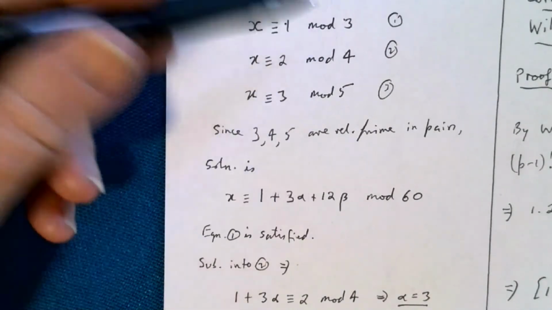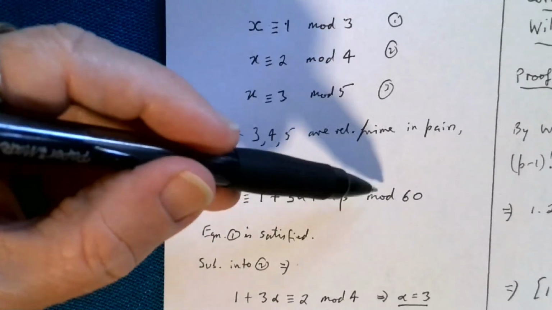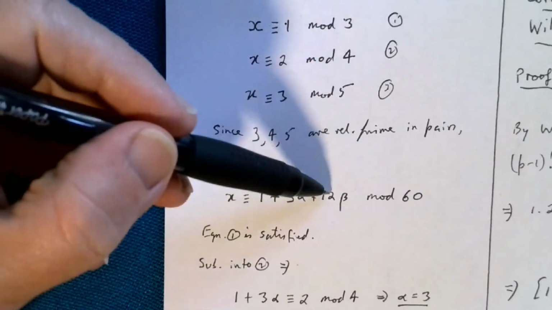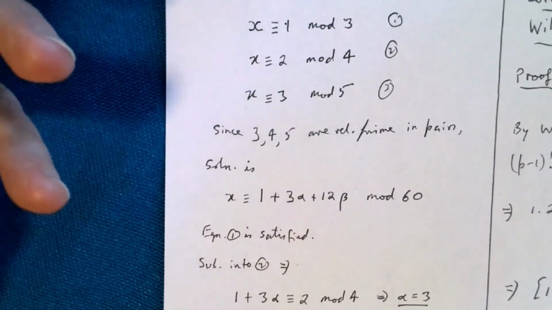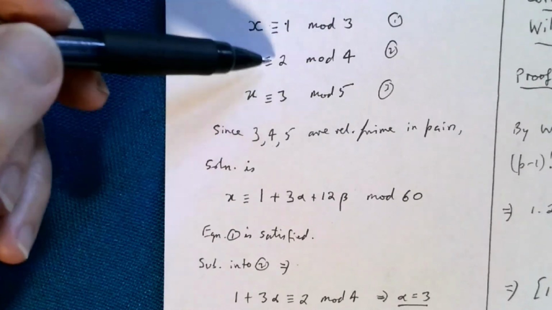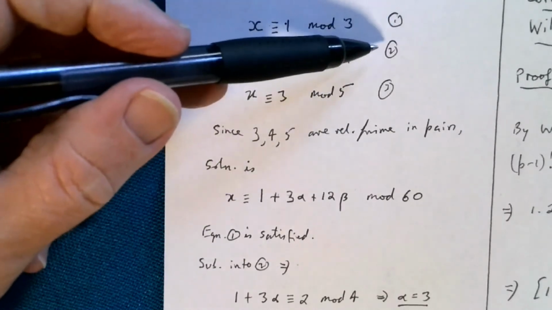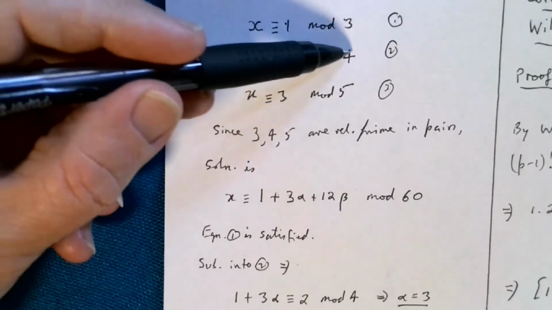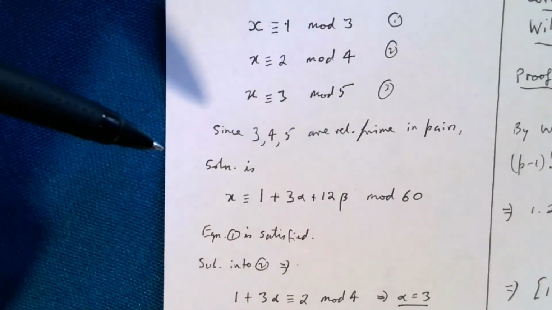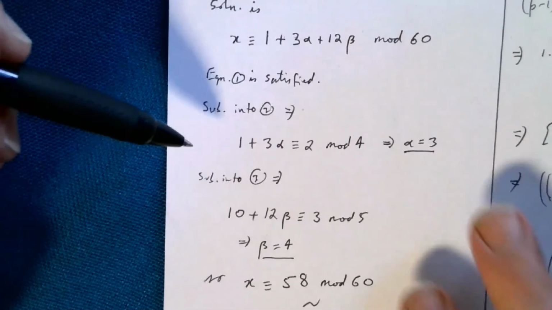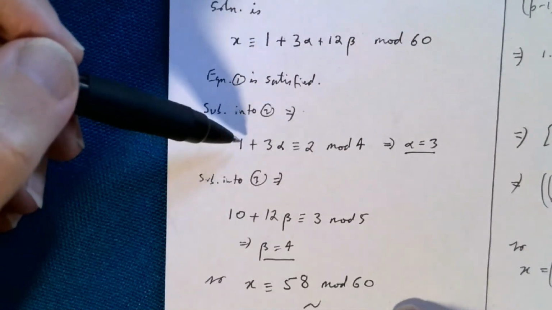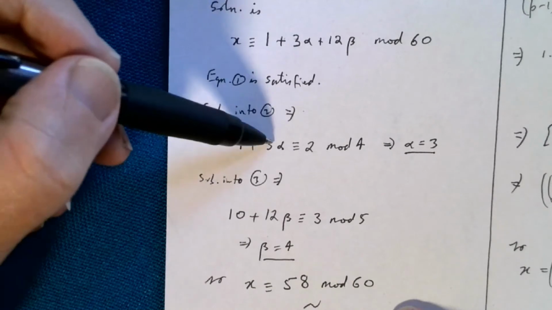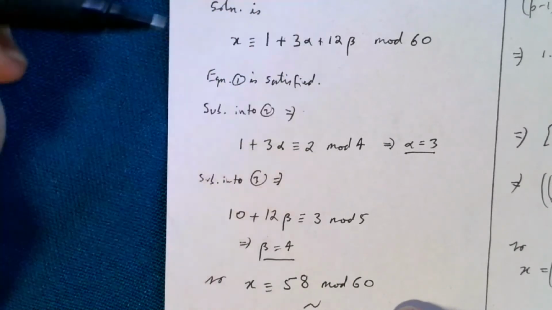Equation 1 is automatically satisfied, because if I read this modulo 3, then that disappears, and x is congruent to 1 mod 3. I plug it into equation 2, and the way I've constructed this is that when I read this modulo 4, that term disappears. And so when I read it modulo 4, I just plug it straight into equation 2. I get 1 plus 3 alpha is congruent to 2 mod 4.